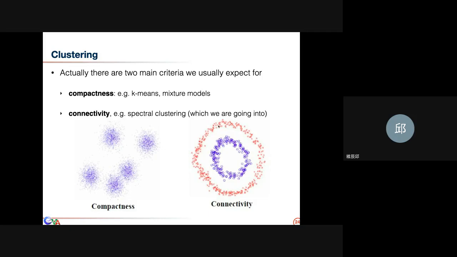We would like to use this idea in the design of the clustering algorithm. The algorithm that we are going to introduce later, spectral clustering, mainly depends on this property to perform the clustering.